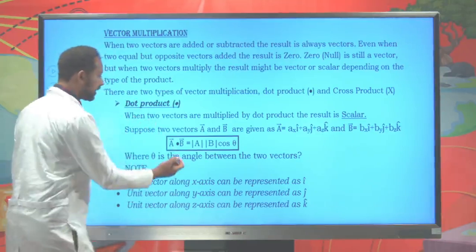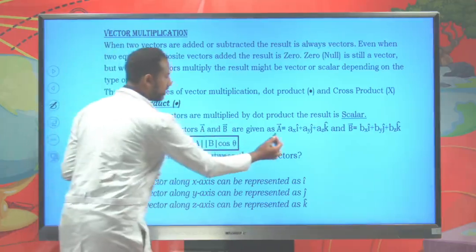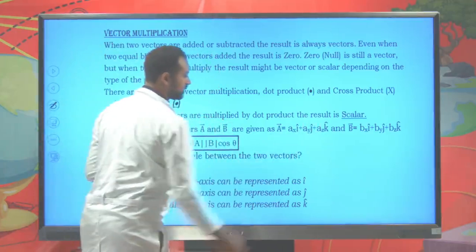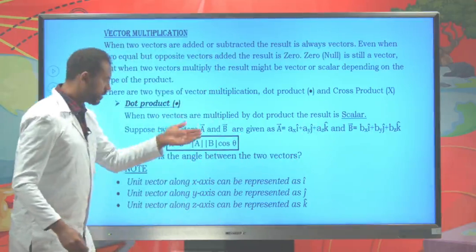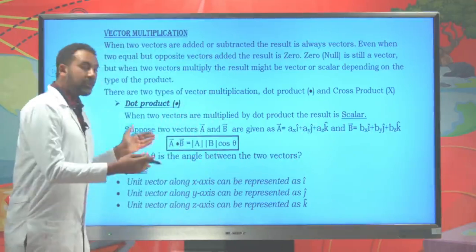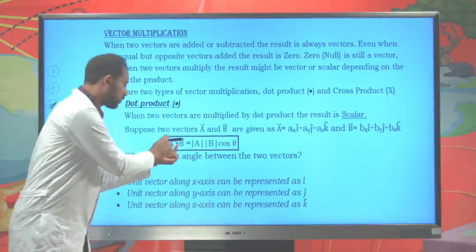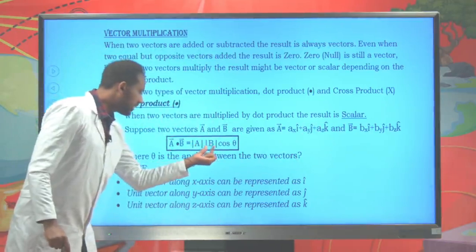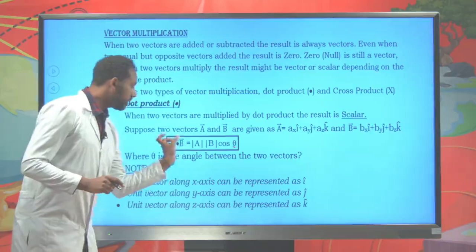Suppose here we do have two vectors, let's say vector A and vector B. Vector A can be given using its vector notation form, ax i plus ay j plus az k. Vector B can be given as bx i plus by j plus bz k. Therefore, when we use the dot product of these two vectors, the result is given to be the magnitude of A, the magnitude of B, cosine of theta, where theta is the angle between the two vectors.